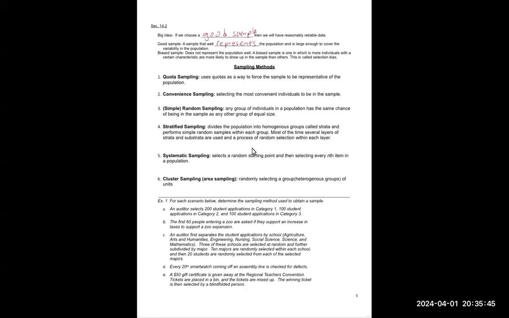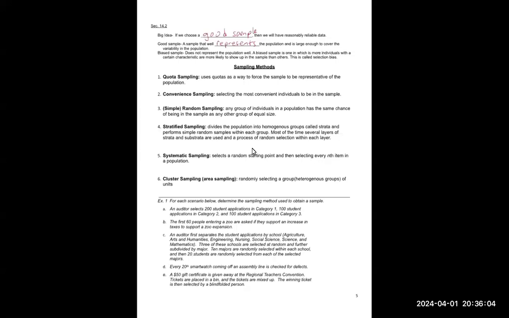And that's number 6 here. You randomly select a heterogeneous group, a group that you believe has a good, different set of values. You randomly select groups of people.